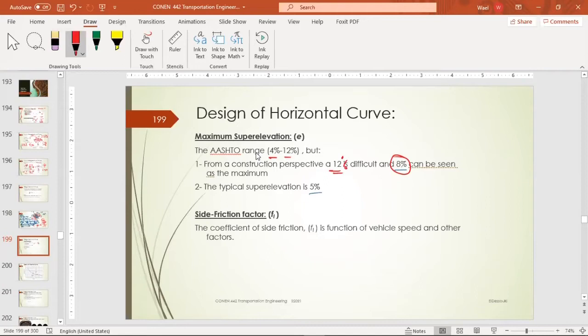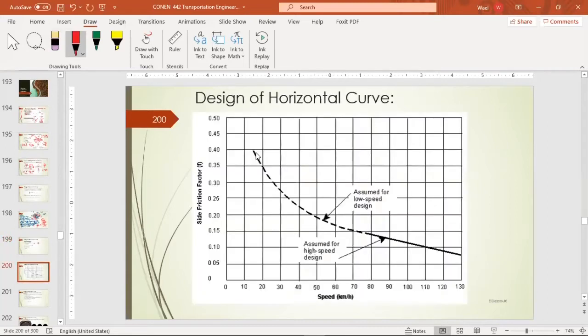I will explain later. 8%, that's the maximum practically. Okay? 5%, that's the typical superelevation that we use. And also we have the side friction. The side friction here is a function of the speed, as we explained in this curve. So that's the speed. As the speed goes up, you see that the side friction goes down here.